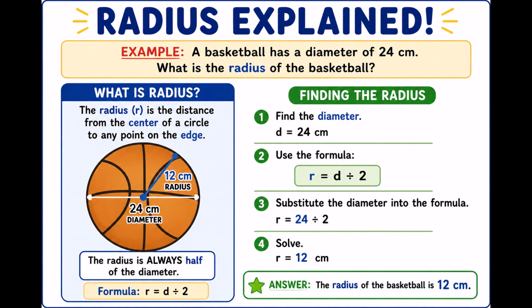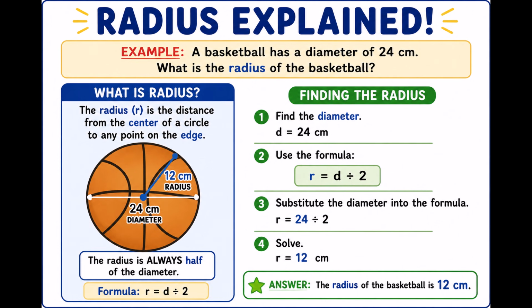So find the diameter of this basketball. Diameter equals 24 centimeters because that is what it says. Use the formula R equals D divided by 2. Radius equals diameter divided by 2. Let's substitute the numbers into the formula.